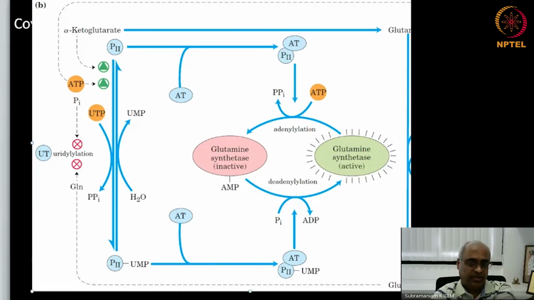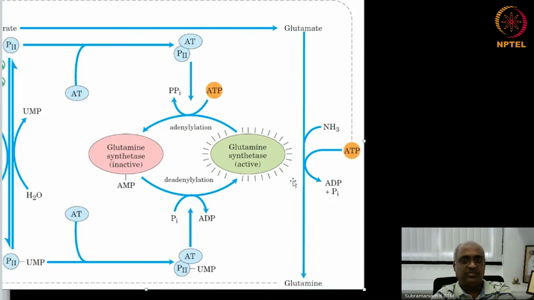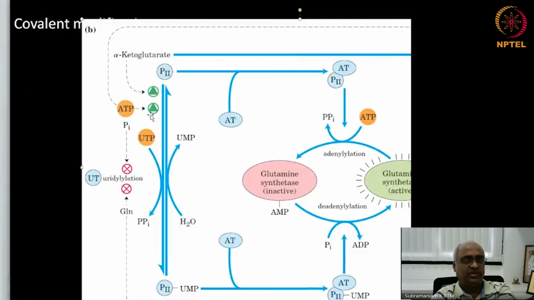Two levels of regulation: an enzyme that covalently modifies, and that enzyme itself is subject to covalent modification. And that covalent modification is regulated by which one is available, whether the substrates or the products. So this is not immediately relevant for us, but the ATP is what finally goes and activates here.